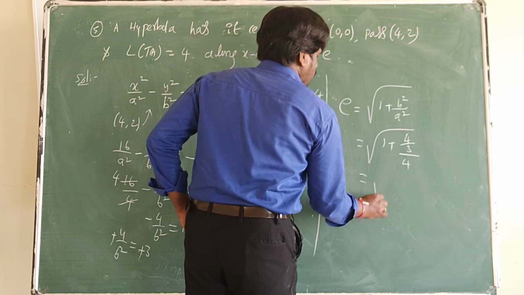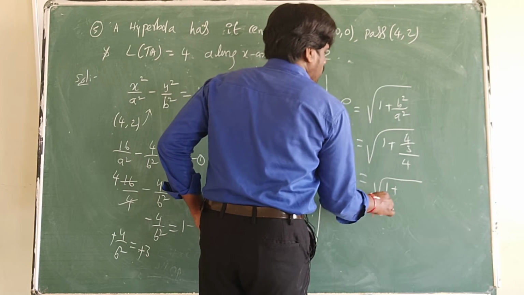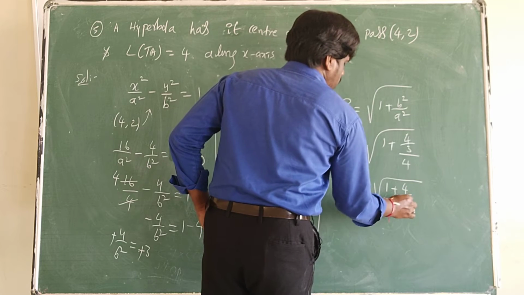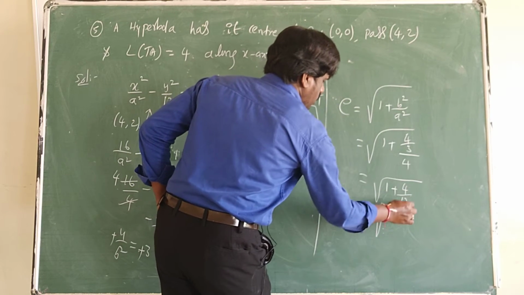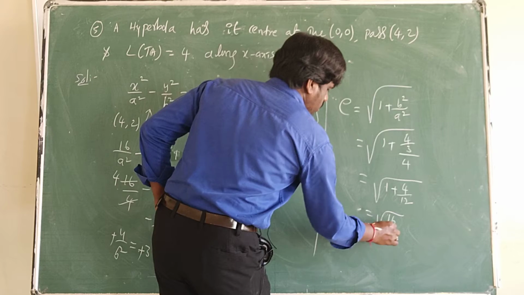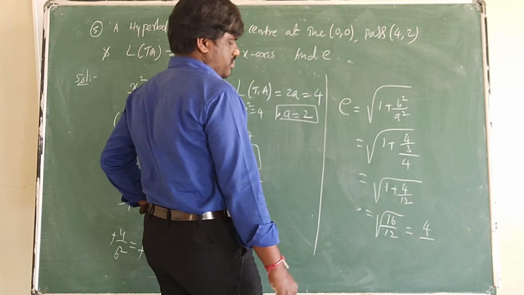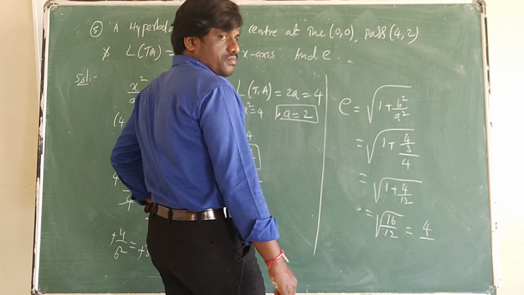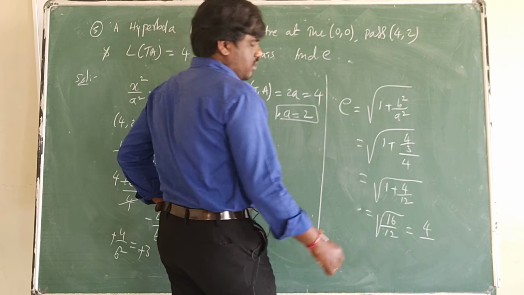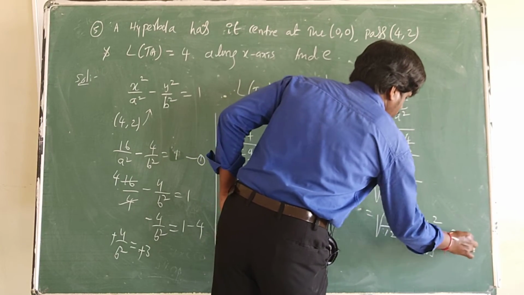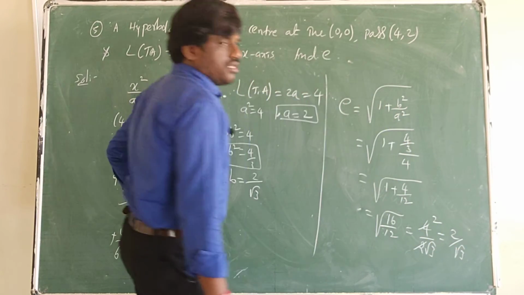So I get under root of 1 plus 4 by 12. Correct? 4 by 4, 3 is 12. So this is under root of (12 plus 4) by 12, which is 16 by 12. So that is 4 by root 12. Root 12 value is 2 root 3. So the 2 cancels. So 2 by root 3 is the eccentricity. Okay.